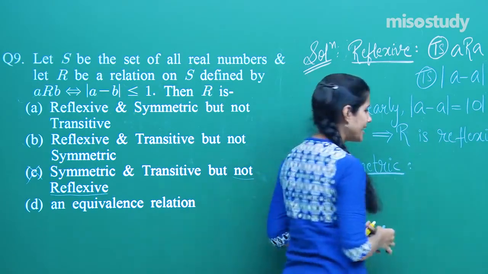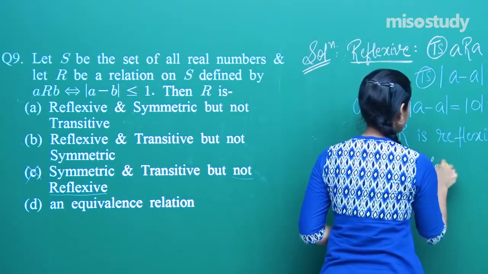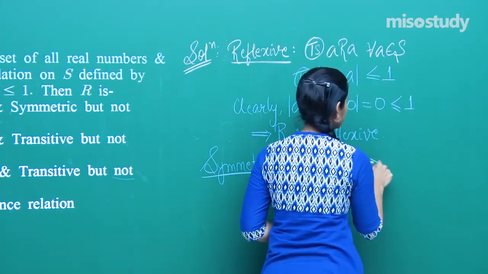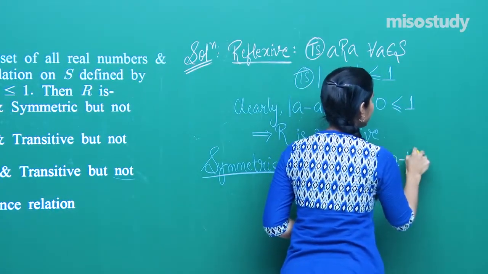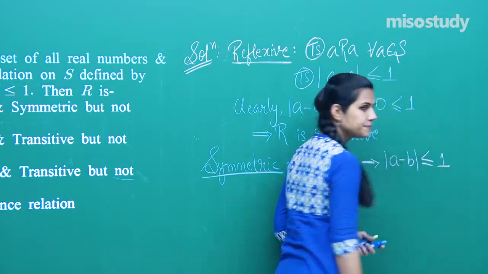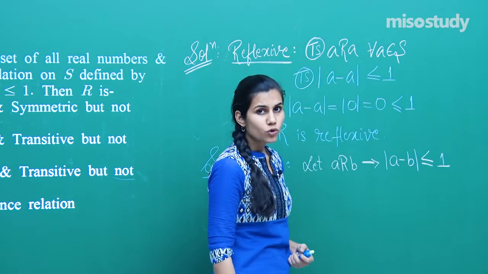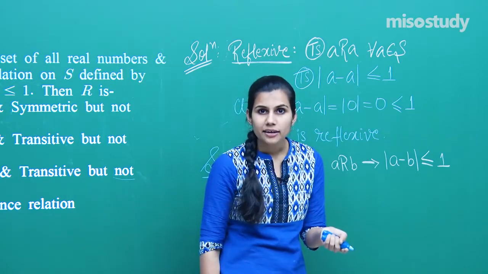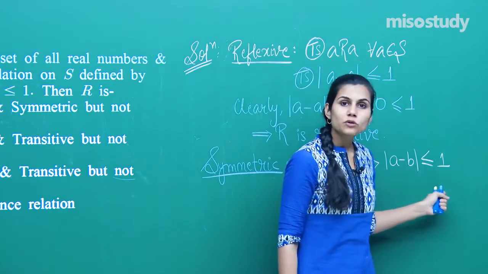Let A be related to B. This implies distance between A and B is less than equal to 1. Now you obviously know that distance between A and B is same as distance between B and A, which will obviously be less than equal to 1.